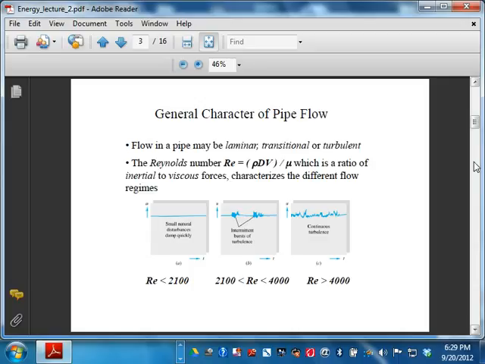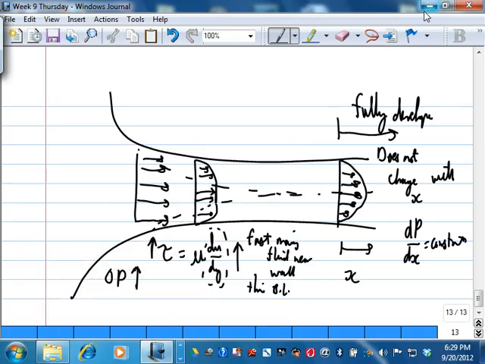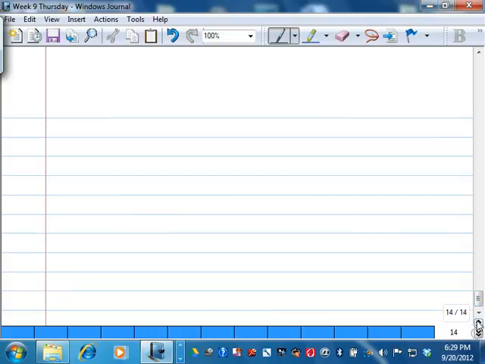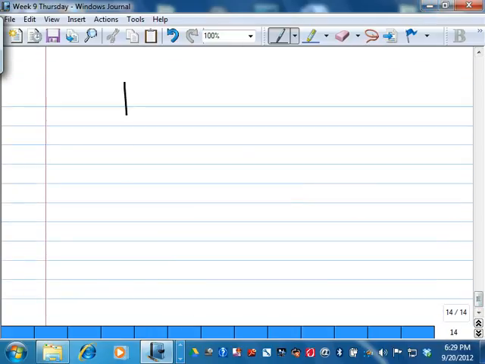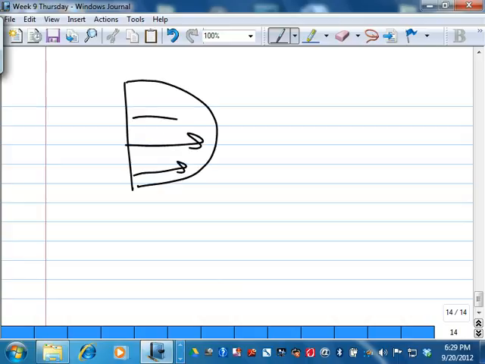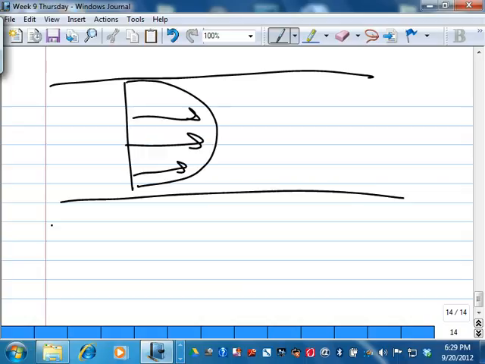So if I were to draw the profile, this is laminar flow. If it's turbulent flow, obviously the velocity must be higher, but there are a lot of these eddies going this way, some small, some big.